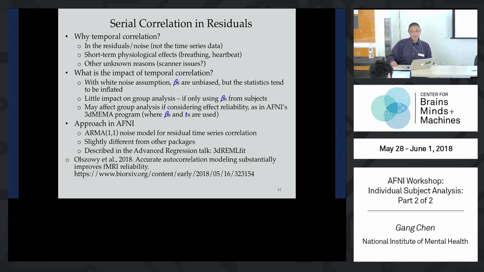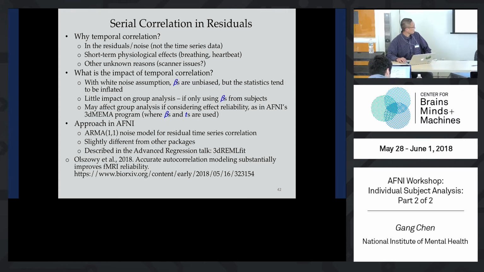This is a very serious problem for block design. When each trial has a long duration, the problem is very severe. The temporal correlation can reach 0.3. So how do we deal with it?